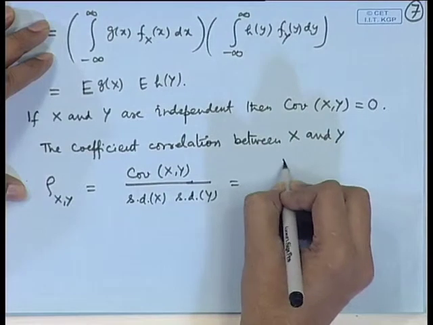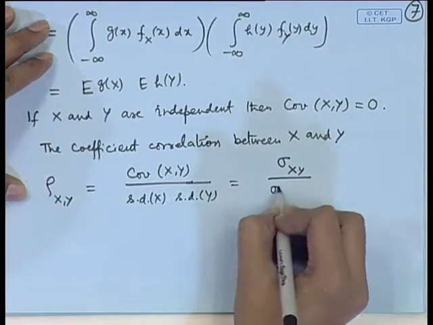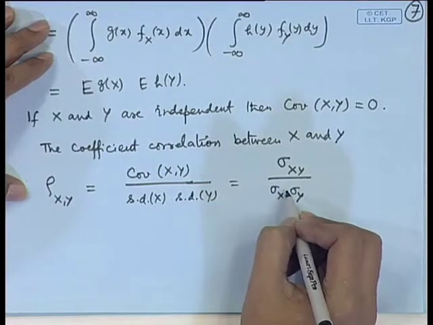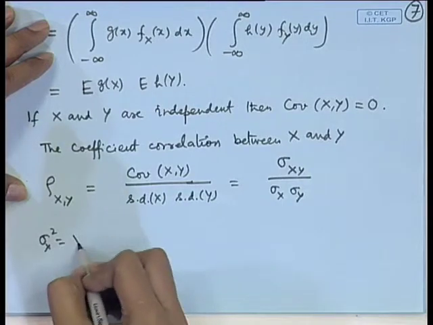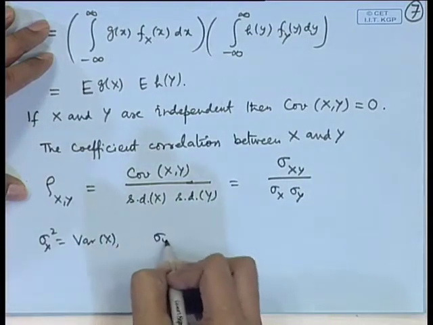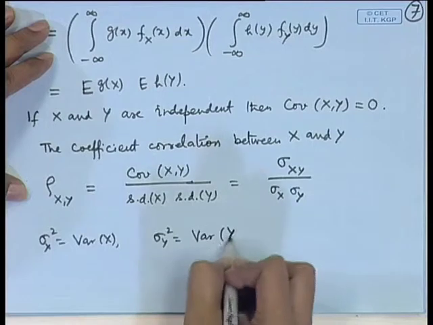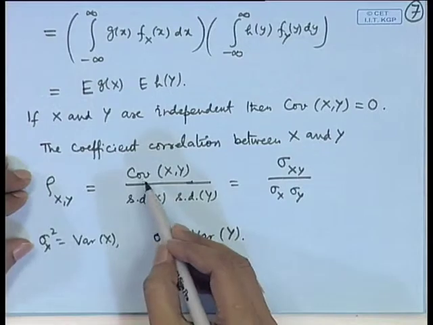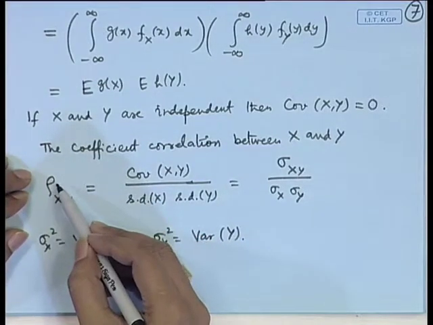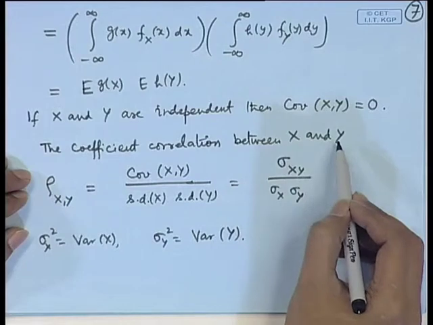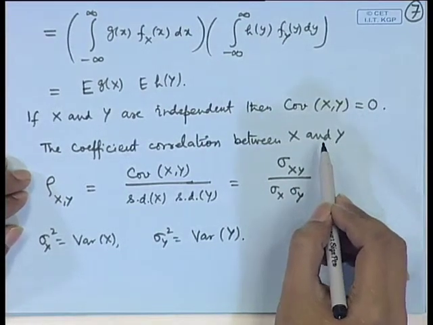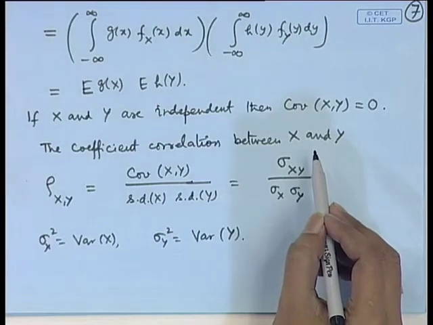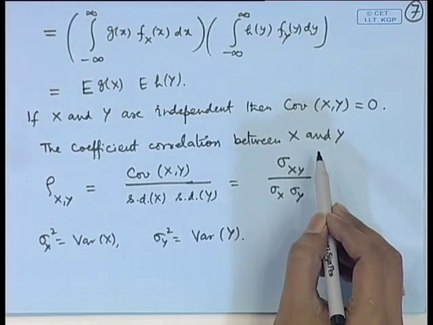We can use the notation sigma x y divided by sigma x sigma y, where sigma x square was the variance of x and sigma y square denotes the variance of y. Now, the question arises that what this correlation coefficient between x and y represents. So, we claim that this gives a measure of linear relationship between the random variables x and y.